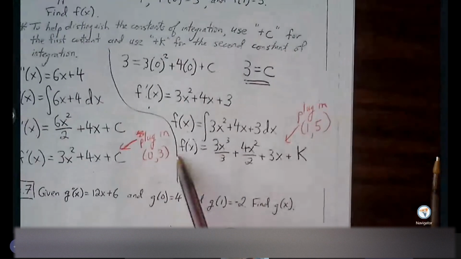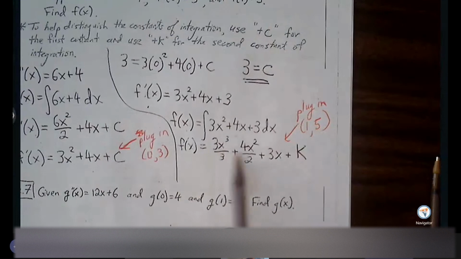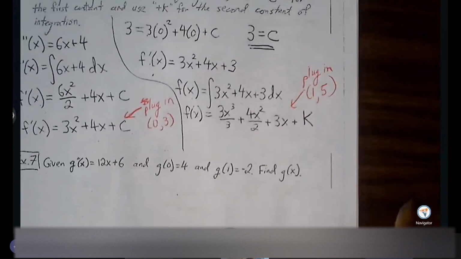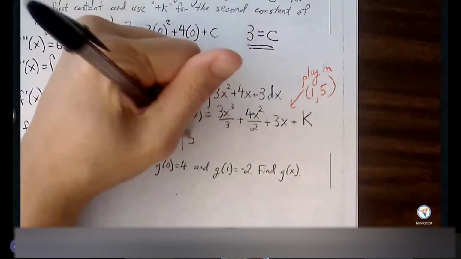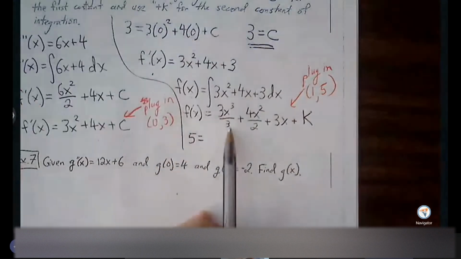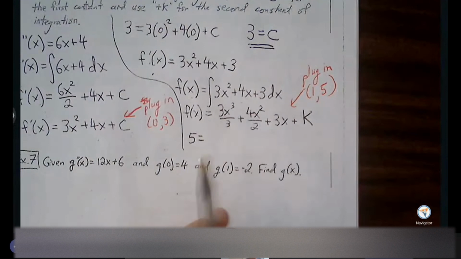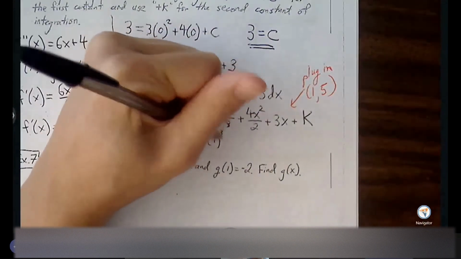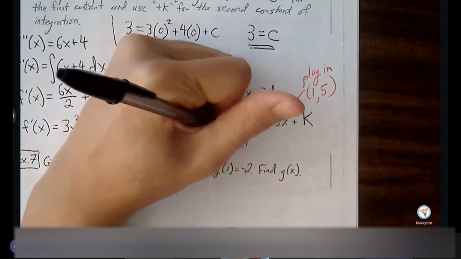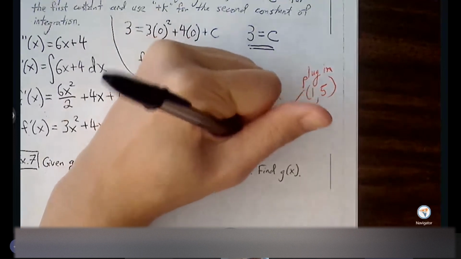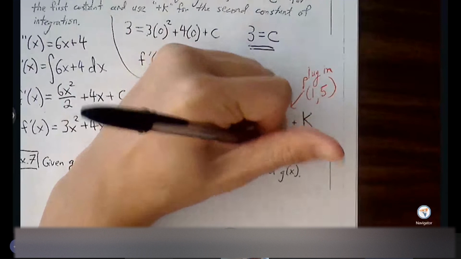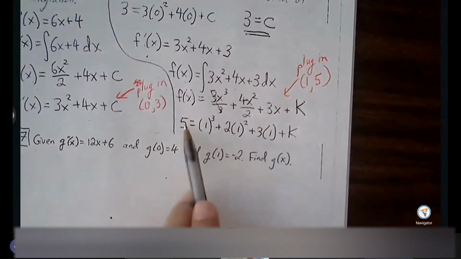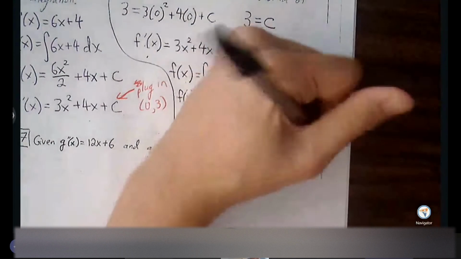So I'll put 5 in for f of x. I'll put 1 in for all the x's, and that should allow me to get that k value. And while I'm at it, I'm going to start to reduce this as well, clean this up. One plus 2 is 3, 3 plus 3 is 6, 5 minus 6 is -1.